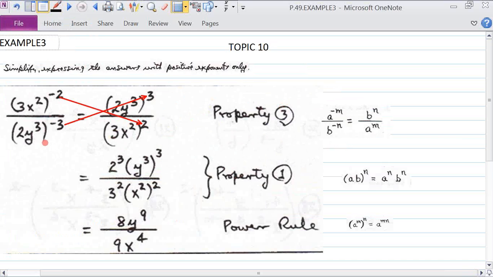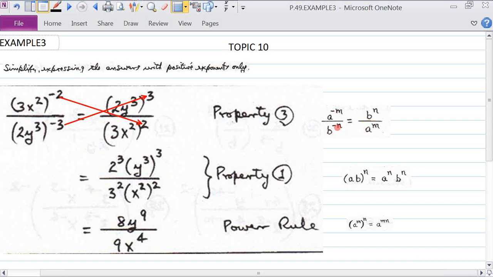Now, in example 3, we're given 3x squared to the minus 2, 2y cubed to the minus 3. And what we're going to use is property 3, where we have a to the minus m. Move that down to the denominator, from the numerator to the denominator, and make it positive.